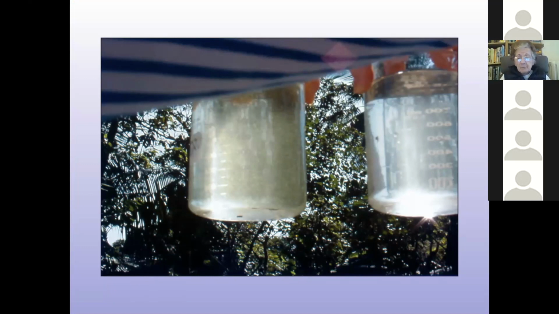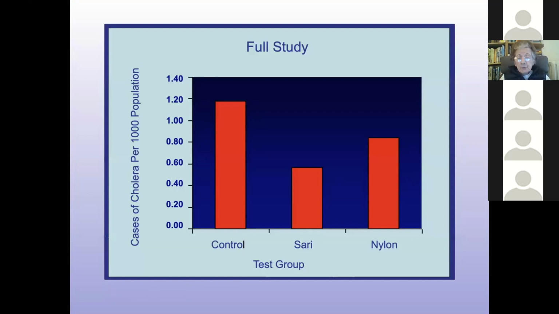And the next slide, we were able to demonstrate a 50% reduction of cholera in Bangladesh. We did a follow-up study 5 years later, but it was rather difficult to obtain results because the control villagers had learned about filtration and its effectiveness, and they too were filtering.